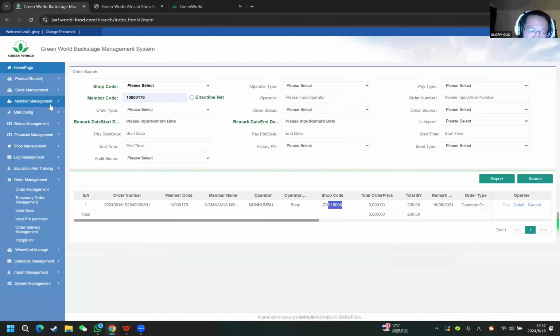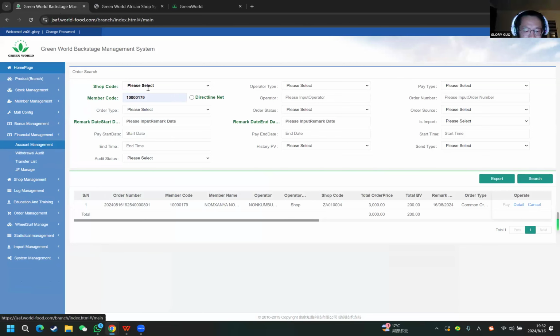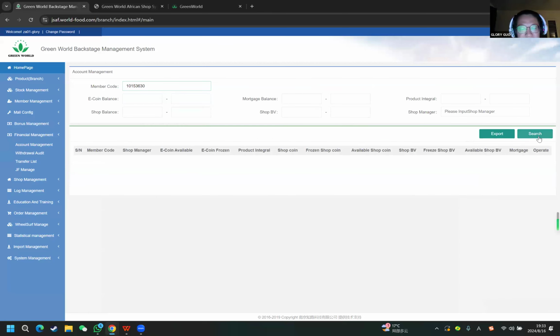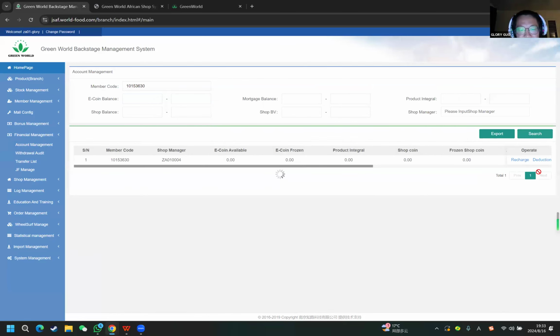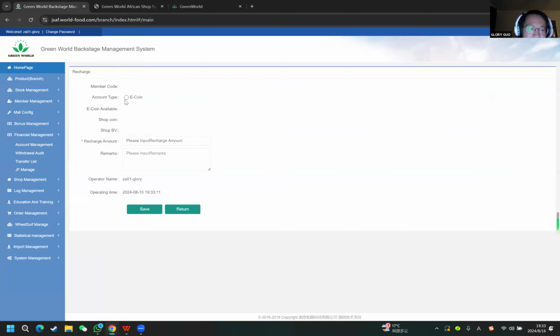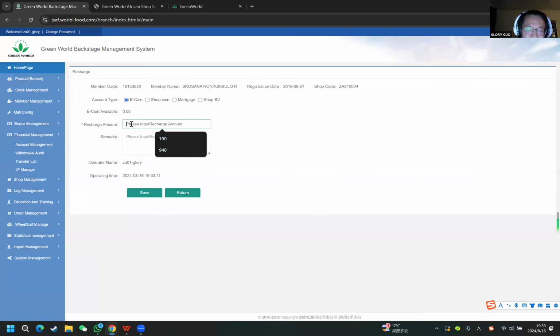She contacted the finance department. The finance department would find the shop owner. So this is the shop. And then we will recharge the e-coins, 190, to your account. So there is a difference from the shop BV.